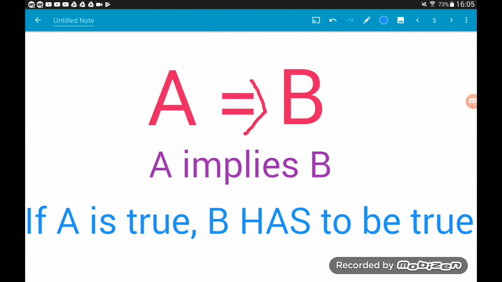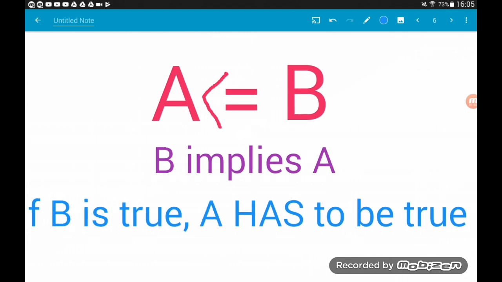So A implies B. If A is true, then B is true. But it doesn't work the other way around. This isn't saying if B is true, then A has to be true. That's coming up next.